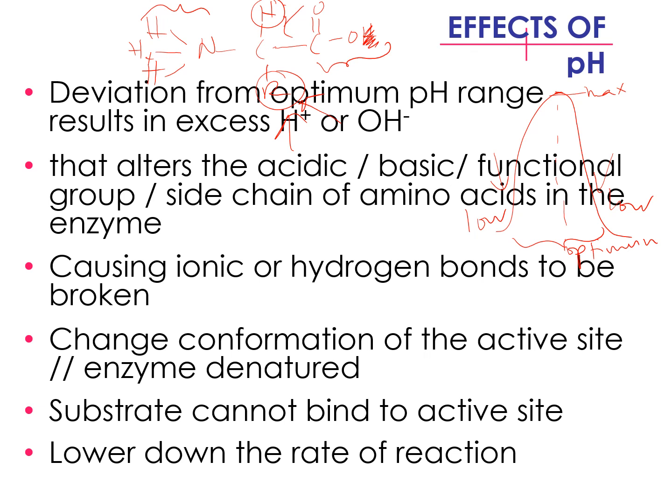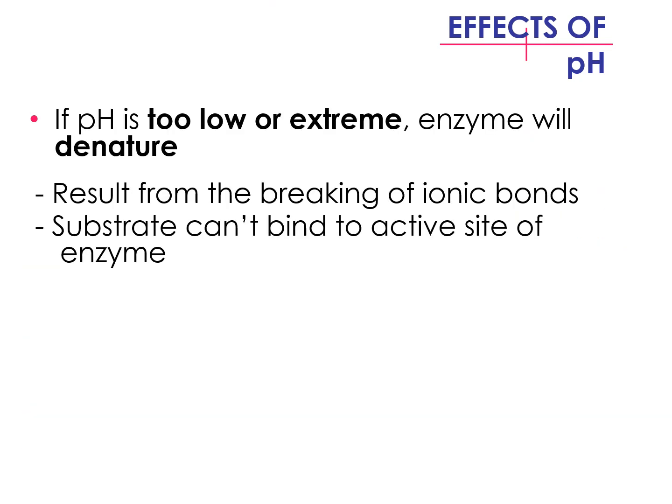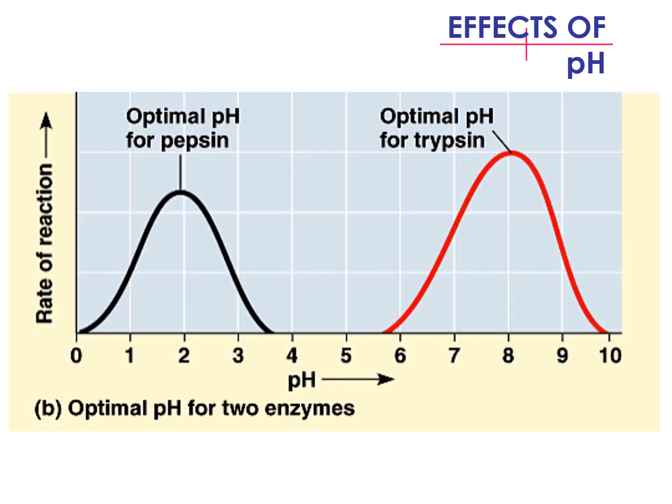So, enzyme is denatured, substrate cannot bind to the active site, and the rate of reaction is lowered. If pH is too low or too extreme, enzyme will denature. Too basic, enzyme will denature. Okay, different enzymes will have different optimum pH.